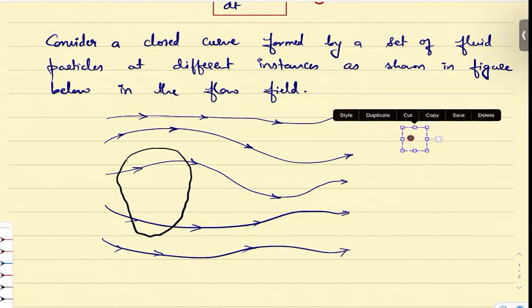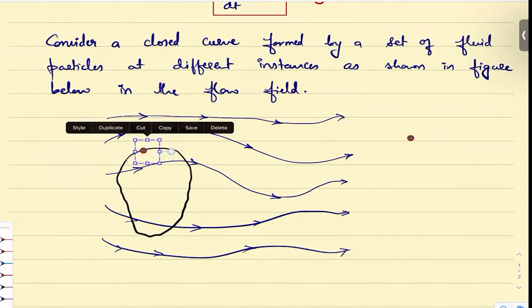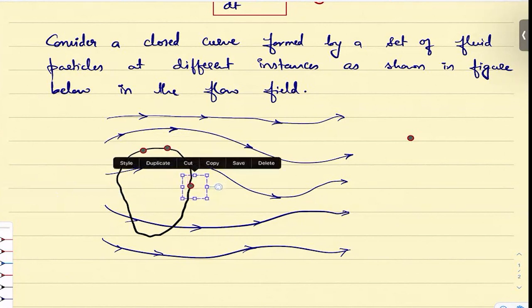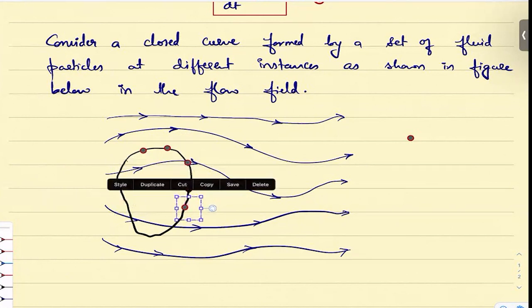I'm going to take this as the fluid particle. So there are many such fluid particles which are forming this closed curve. Draw this, everybody. Start drawing it. Hope you all are with me. Draw a very neat figure.